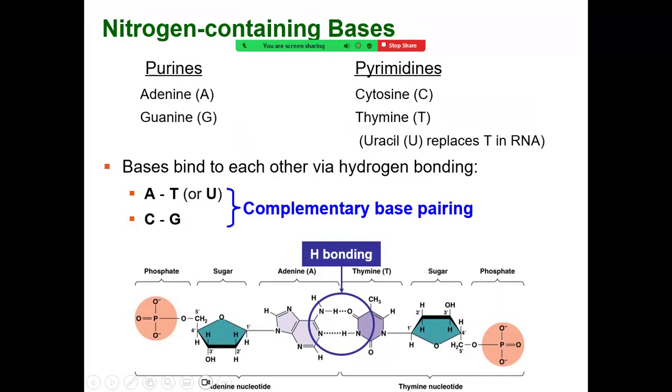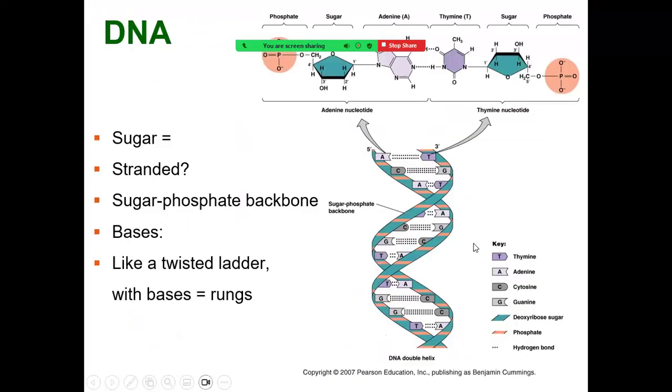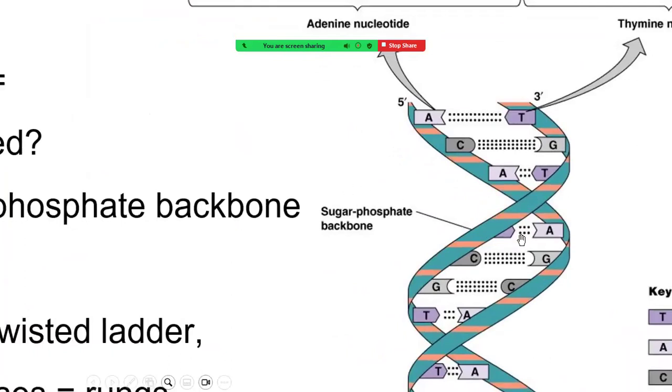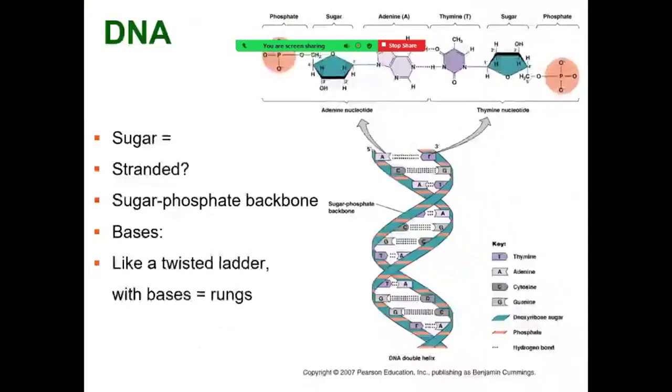The CG, do I have that there? Well, kind of. Shown here, let me blow that up. The A and the T have two hydrogen bonds between them. The C and the G have three hydrogen bonds between them. So the C and the G is a little stronger connection than the A and the T.